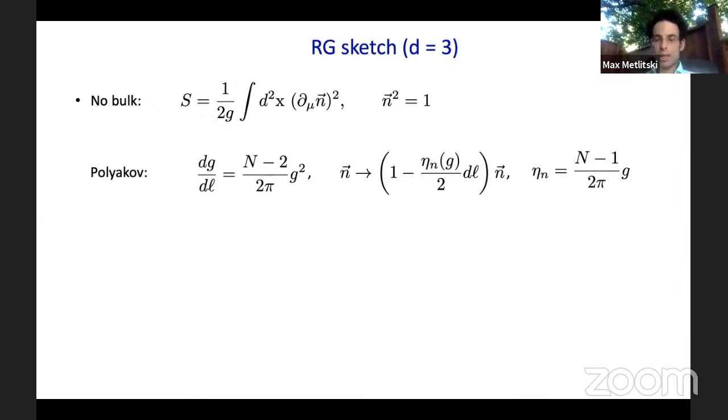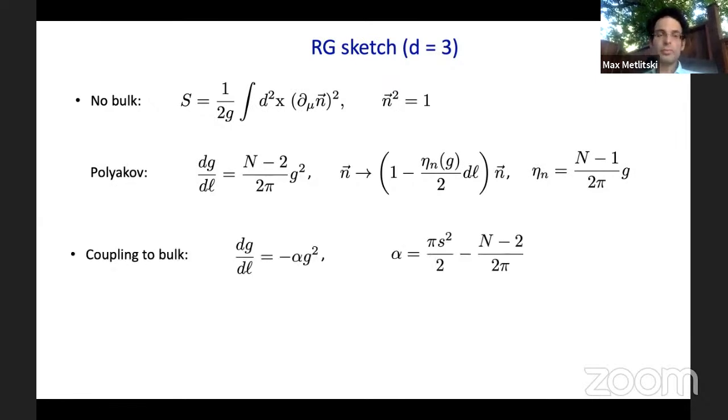So nothing new there. The question I'd like to ask: what happens when we now turn back on the coupling of the surface to the bulk? And let me first just tell you the answer. Maybe if I have time at the end of my talk, I'll describe the calculations that lead to this answer. But the answer is the following.